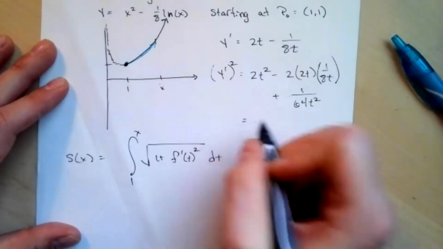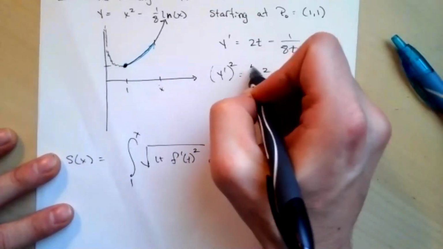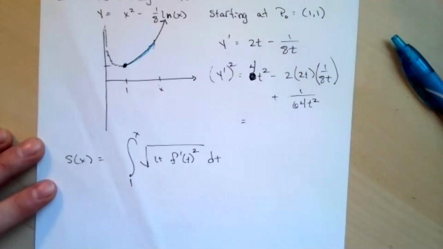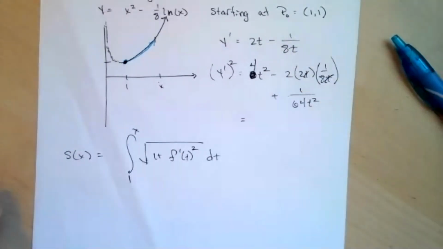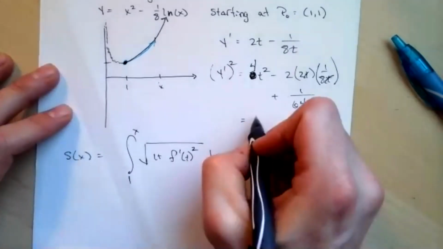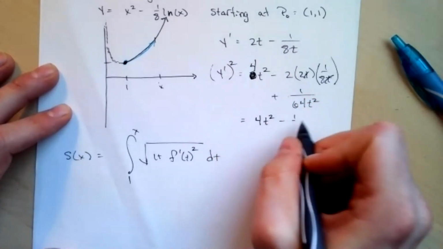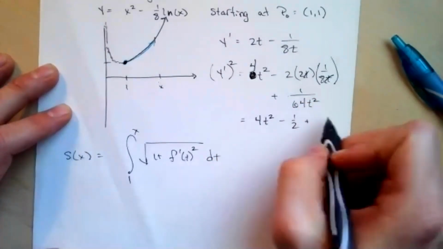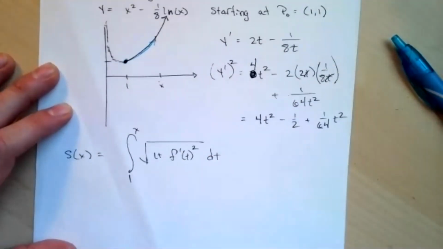Shouldn't it be 4t squared, the first term? Yeah, thank you. So t's cancel. What do we got in that middle term? We've got 4 over 8. So we've got 4t squared minus 1/2 plus 1 over 64 t squared.